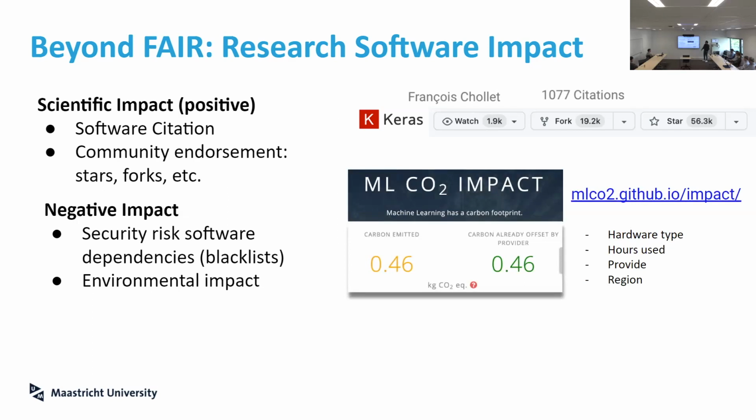This is a very interesting project on the machine learning carbon footprint, where you basically give indications of what type of hardware, hours used, the provider you have, and all these type of variables, and you get a score on how much are you emitting, and kind of how responsible are you using your computational means.